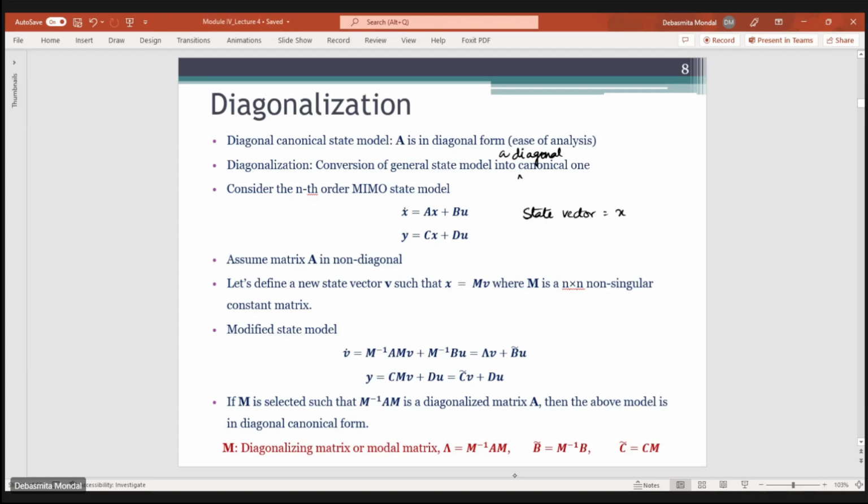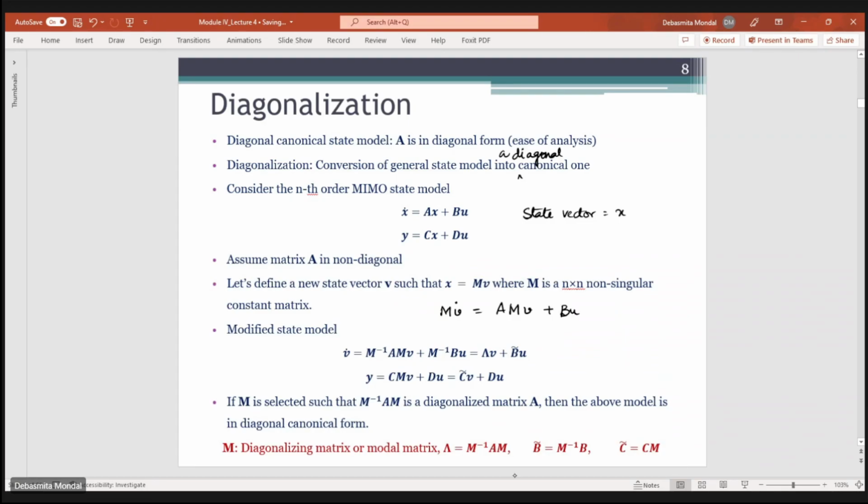If you do this transformation, then x dot will be equal to M multiplied by V dot, which equals A M into V plus BU. We simply substitute these.